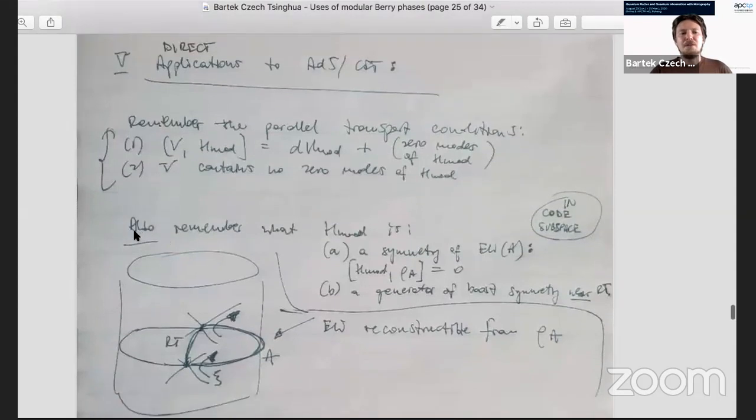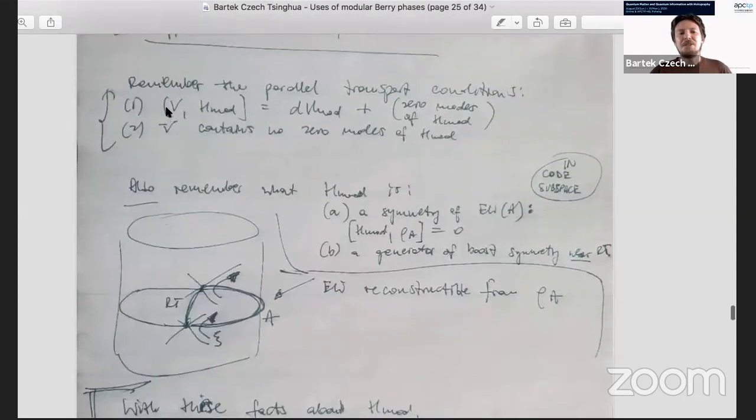Okay, so let's remember to study what this means in the bulk. Let's remember what H mod really is from the bulk point of view. It's a symmetry of the entanglement wedge, but it acts geometrically in the neighborhood of the RT surface, and in the neighborhood of the RT surface, it acts like a boost.